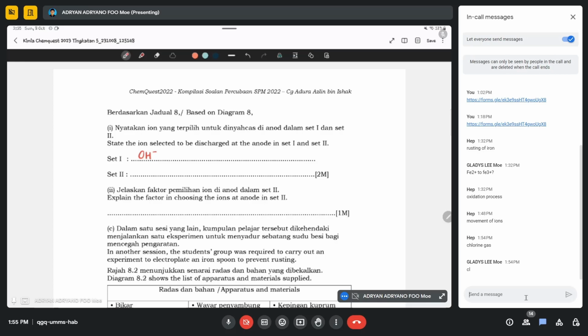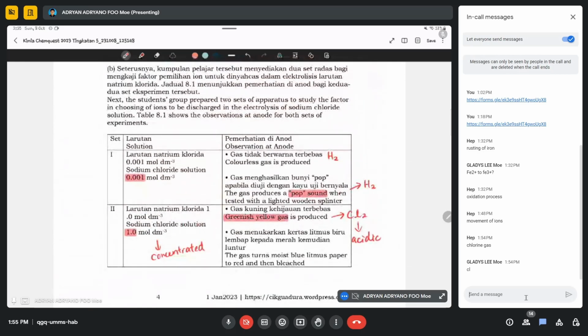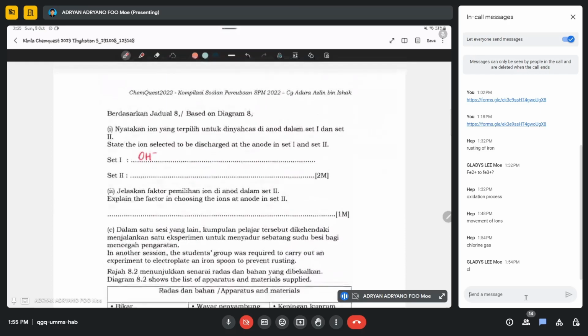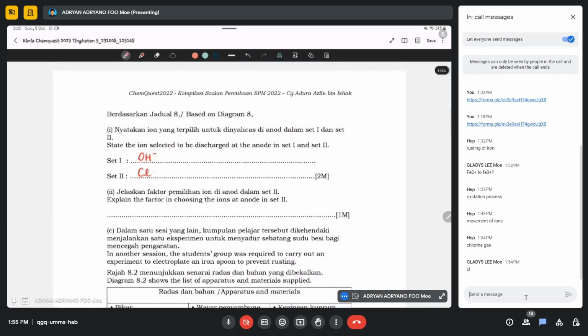Because at the anode there are only OH minus or Cl minus, so only these two are possible. Remember, pop sound means hydrogen gas. Okay, OH minus. Then what is set 2? Set 2 you know is chlorine, so Cl minus. Look, it's easy, 2 marks in hand. It's not difficult.